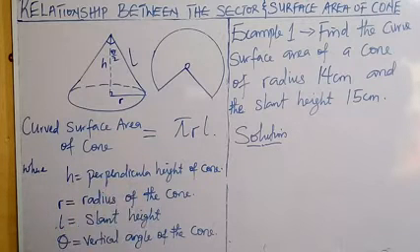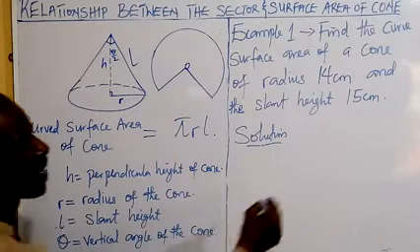Let's look at the example on the board. Find the curved surface area of a cone of radius 14 cm and slant height 15 cm. Let's interpret the question in the form of a diagram.